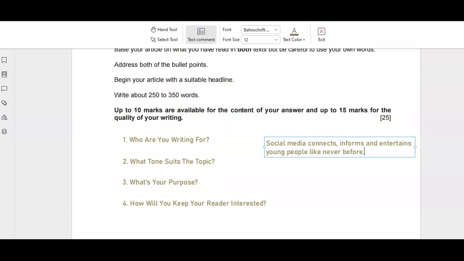This sentence you can apply when you're going to talk about the points in favor of social media.